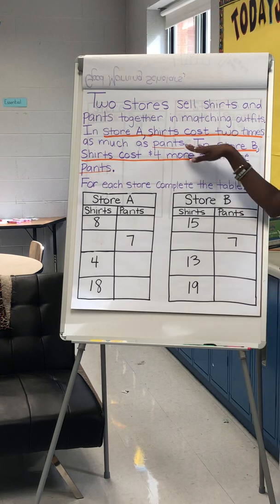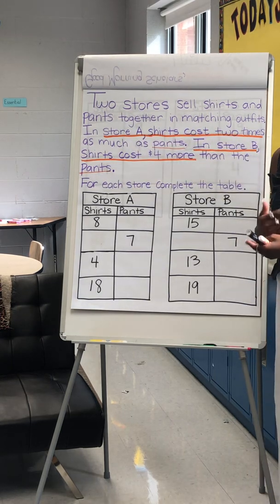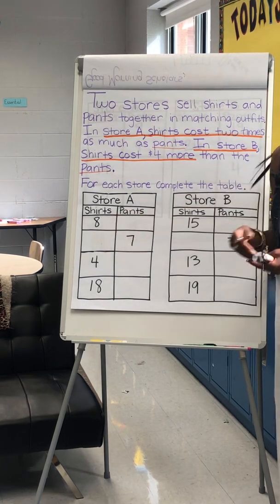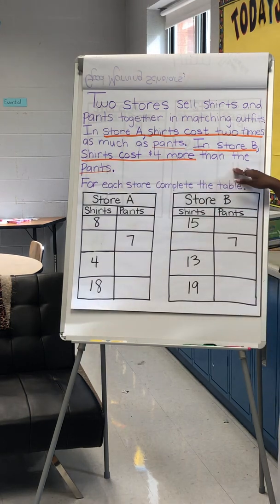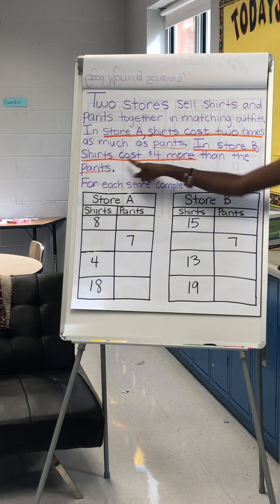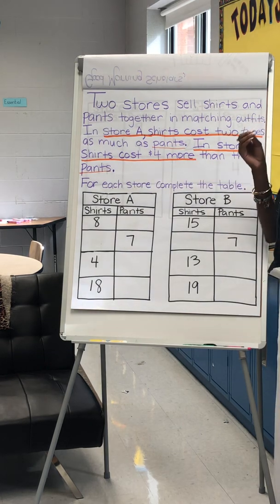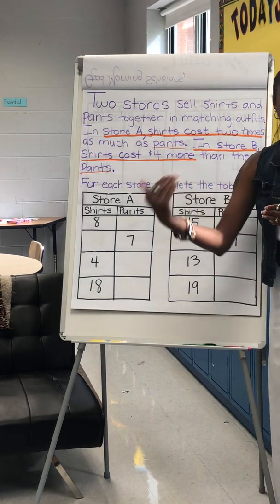So I underlined store A, shirts cost 2 times, because that tells me that for store A, I'm going to be multiplying something times 2. And then I underlined in store B, shirts cost 4 more. Oh my gosh, 4 more. That means that I'm going to be adding 4 to something.